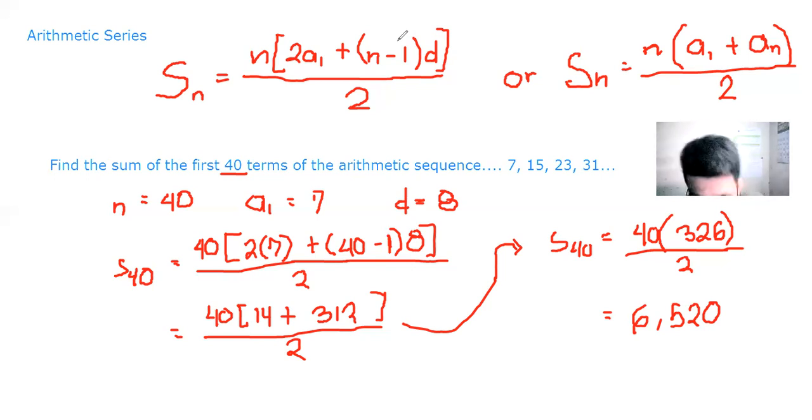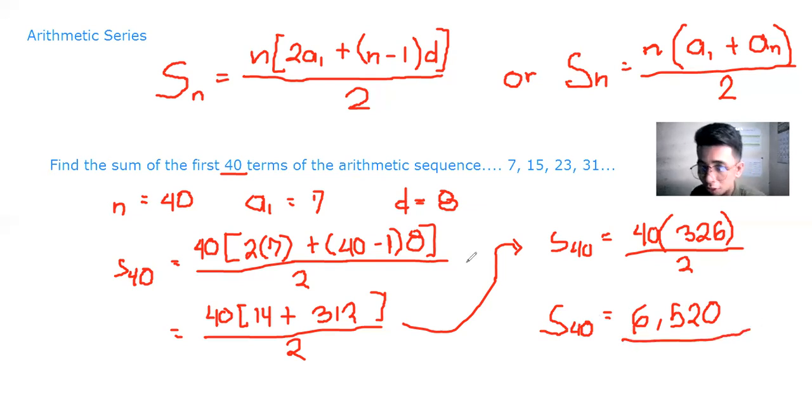So, saan ka nagkamali Siyan? 14. So, dito, okay. 23 pala nagamit niya ng common difference. So, hindi 23 ang common difference ito. So, ipag-subtract lang natin yung common difference yan, okay? So, ang sum natin sa first 40 terms is 6,520, okay? So, nakuha naman natin class, di ba?